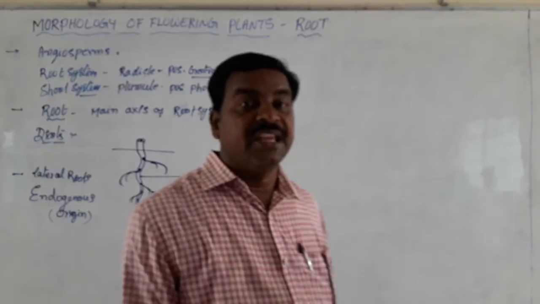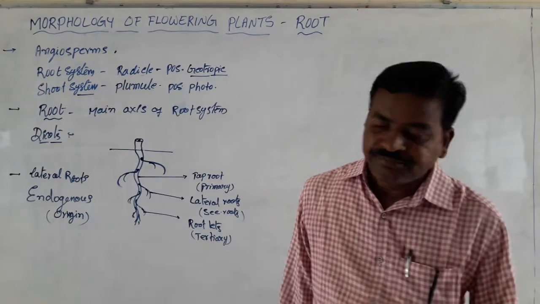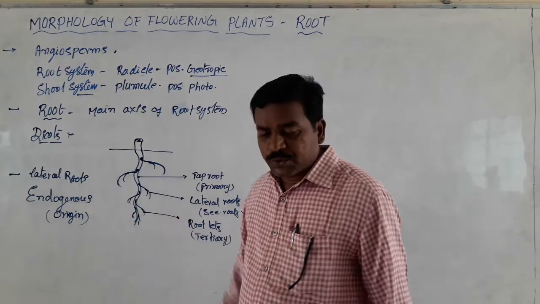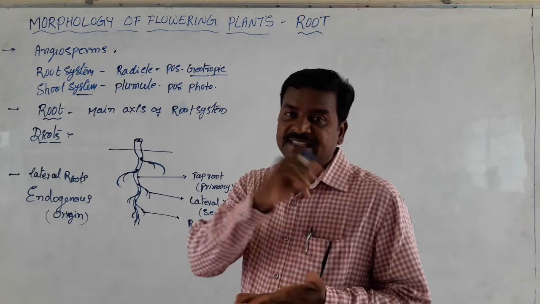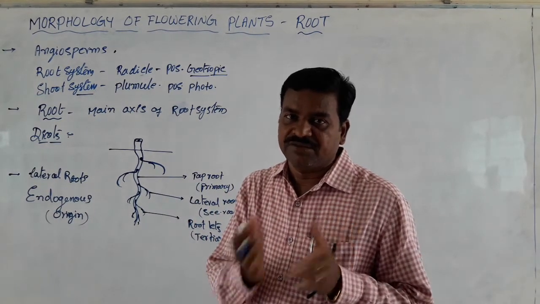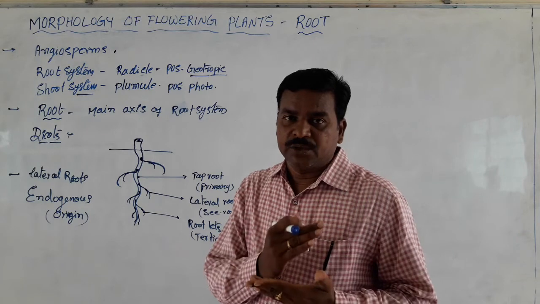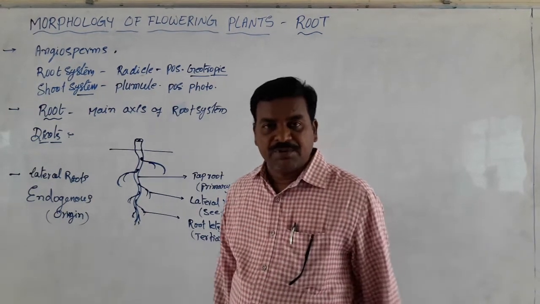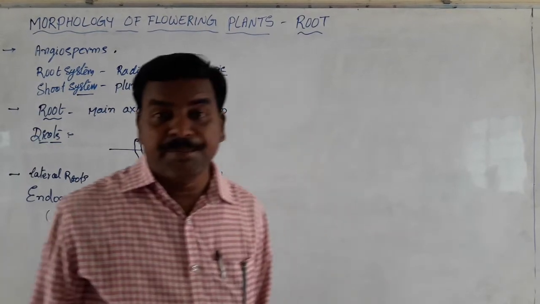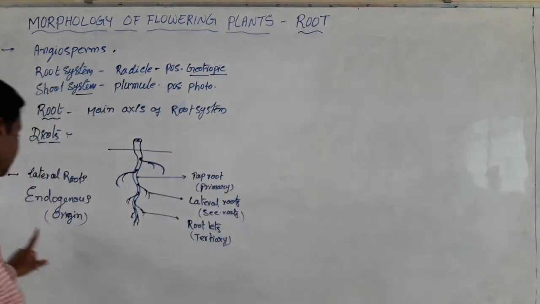Endo means inner. These lateral roots are developed from the inner part of the root, that is, from the pericycle. Pericycle is the internal part of the root. As these lateral roots are developed from the internal part of the root, their origin is considered endogenous.